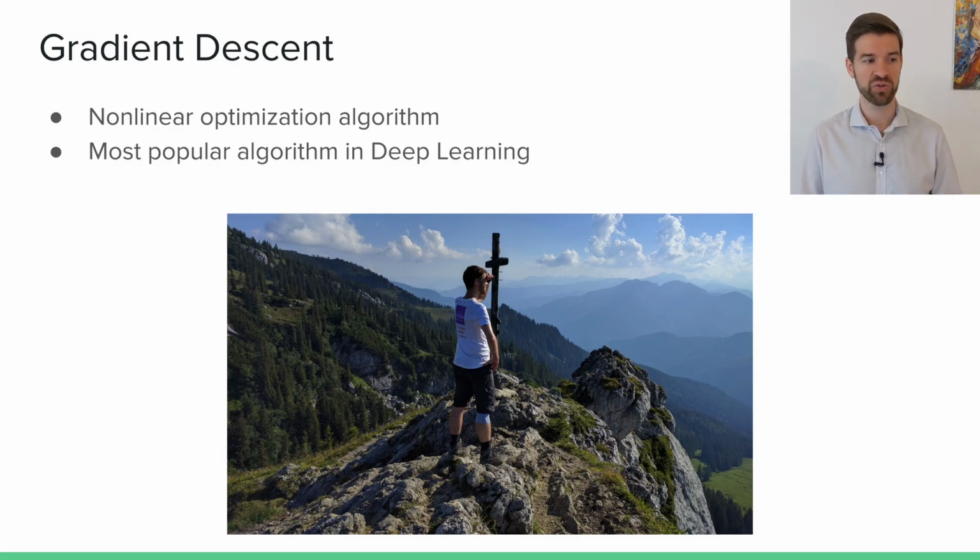The easiest explanation that I've heard is to imagine that you're hiking in the mountains and you're trying to get to the lowest point. You take a look and try to find which direction you have to go, and then you start walking in that direction. However, there is one caveat. Think back to our loss surface.